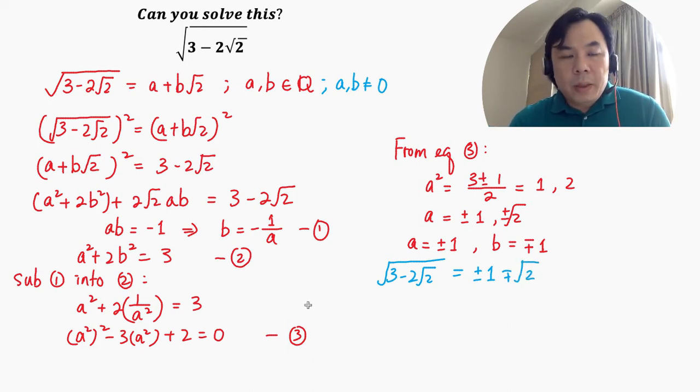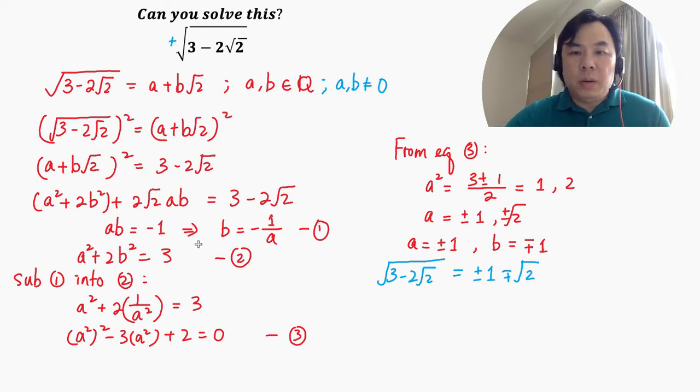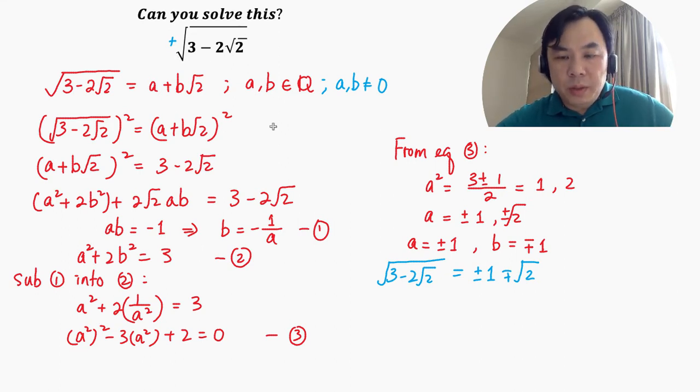At this point of time, you might be wondering, when I square root this, I expect to get a positive number out of this. That is our natural assumption. So we assume that this is a positive surd. Therefore, I have to do some adjustment or selection in this case, so that I'm only interested in obtaining a positive result.